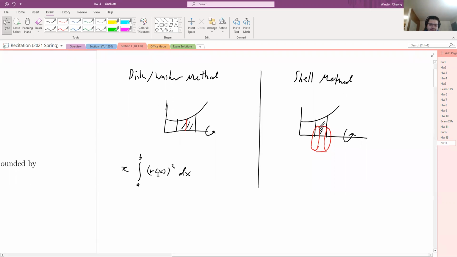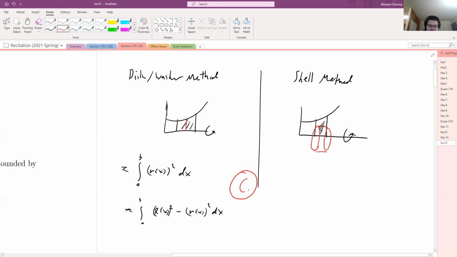So for disk or washer method, it's this guy, or in the case of washer method, it's big circle minus small circle. In that situation, you take a disk and subtract off a smaller disk. I should also draw the associated picture.